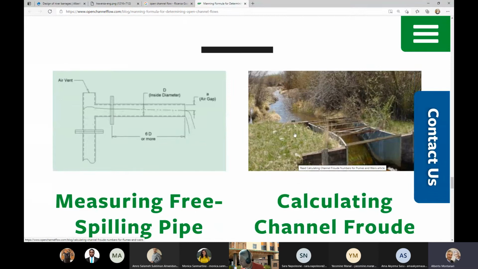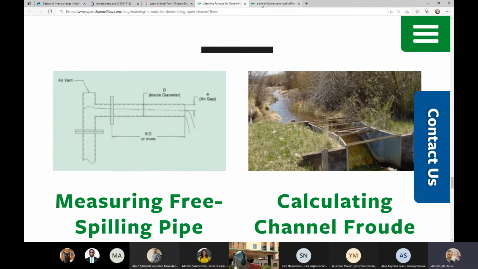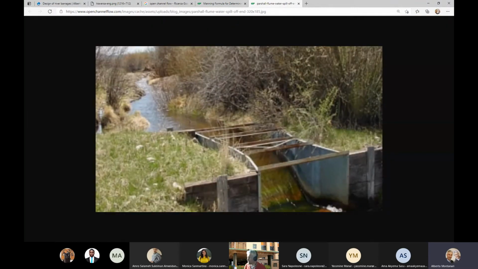This is another example. I think this is a nice picture. Let's see it. This is a nice picture because this is a barrage, a very small barrage in a river. And it's not a channel, it's a natural river, but I think the picture is nice because this is actually a barrage.